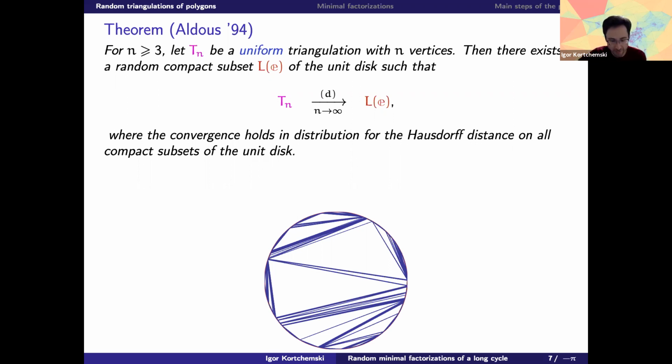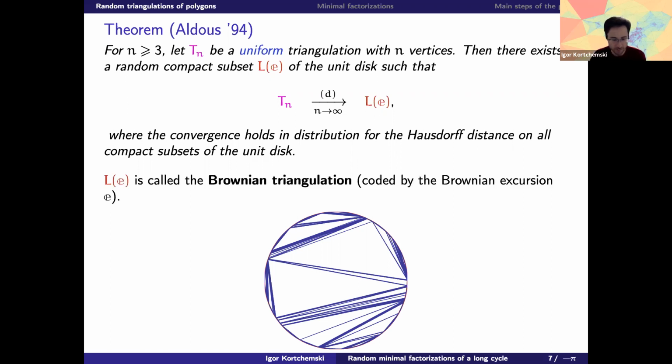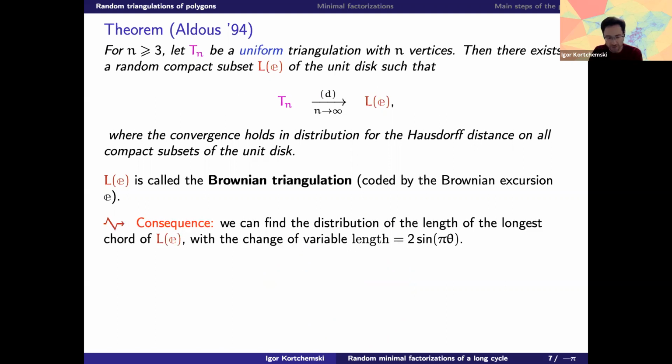It is coded by the Brownian excursion E, and for this reason it's called the Brownian triangulation. I will explain in a few minutes how this is coded by the Brownian excursion. But before that, maybe a nice combinatorial consequence of this abstract convergence is concerning the length of the longest chord of the Brownian triangulation.